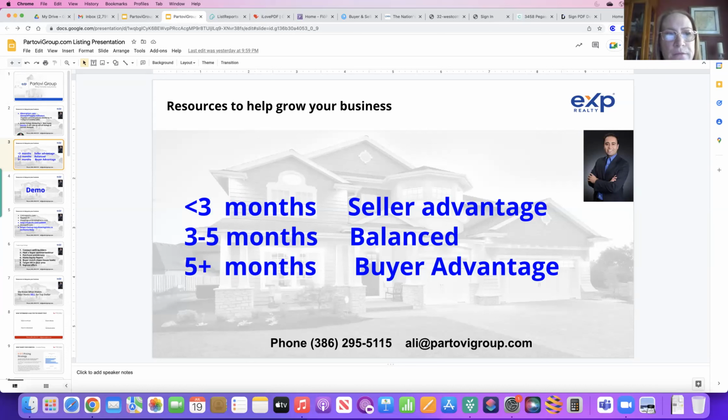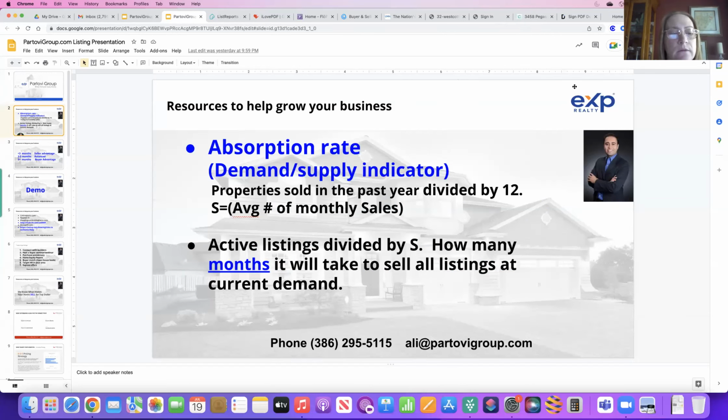Can you share the first slide? This one right here? Yes, thank you. This should really be part of your pre-listing packet. Take this slide, screenshot it, do it the exact same way. Very importantly, this is a conversation you need to have with your database.